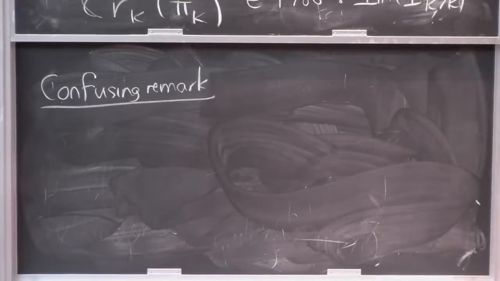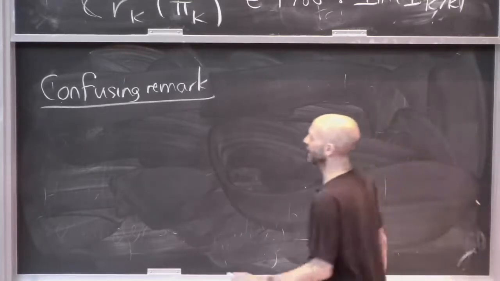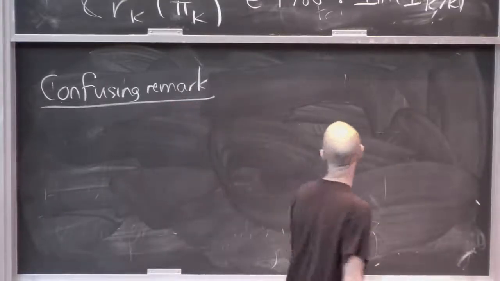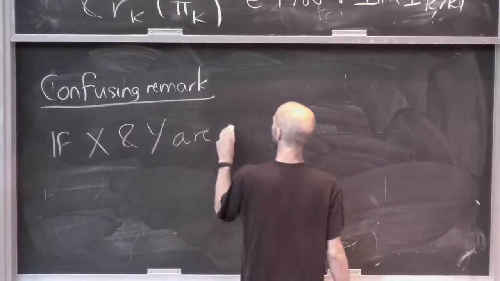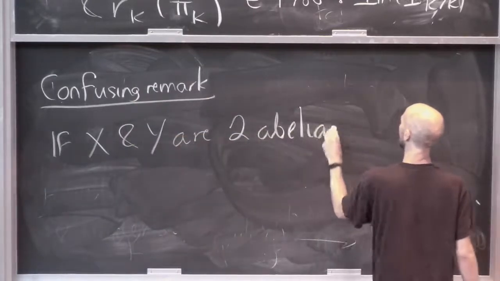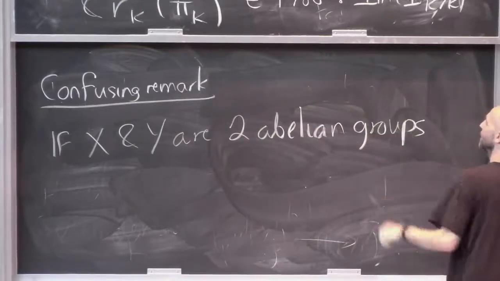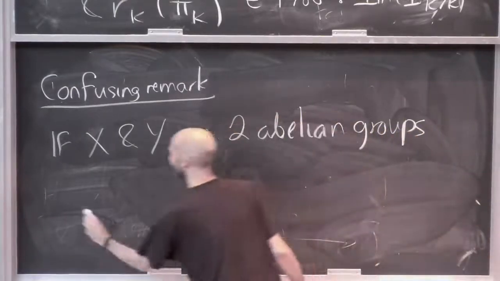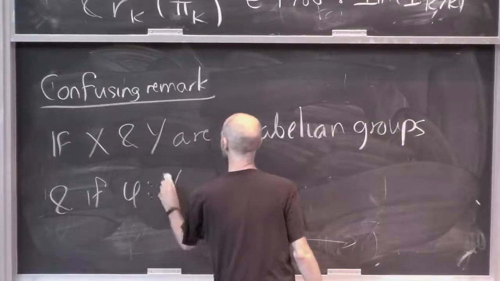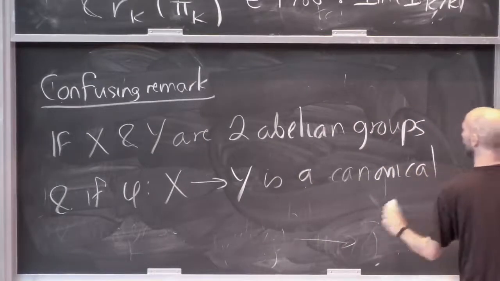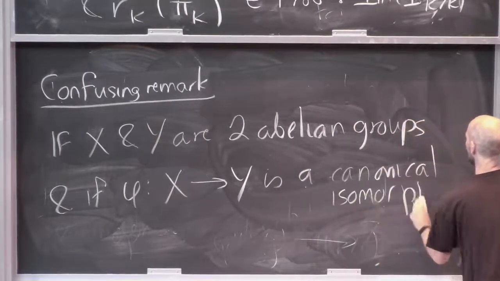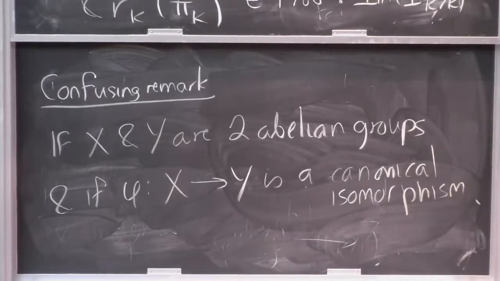And I think in many cases that does work quite well. But here's a weird thing. I don't really know what canonically isomorphic means, but if X and Y are two abelian groups, and they're canonically isomorphic, and if φ from X to Y is a canonical isomorphism, then I can think of another canonical isomorphism, because this is an abelian group, and so it comes with a canonical involution.